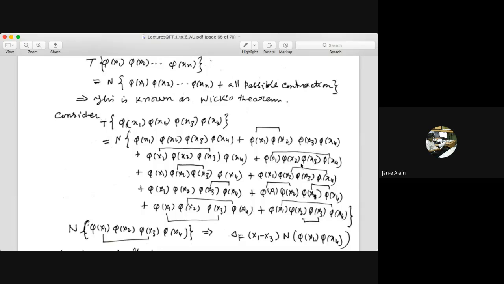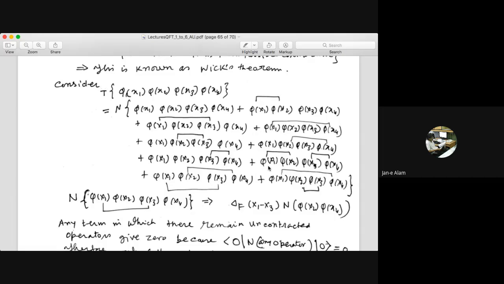Only 3 terms will remain at the end, where 1 and 2, 3 and 4 are contracted, 1 and 3, 2 and 4 are contracted, 1 and 4, 2 and 3 are contracted. So in these last 3 terms, there is no uncontracted field, right?